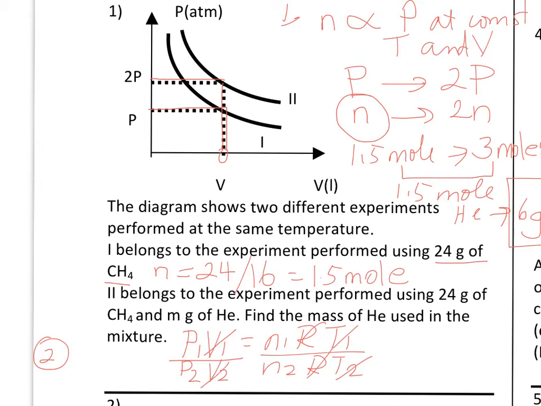So this is a direct relation between P1, P2, N1, and N2. If you put the numbers into the equation, you will find that the number of moles of helium added again will come out to be 1.5. Let's do it quickly. P over 2P should give us 1.5 over N2, which is 3 moles at the end of the experiment, so 1.5 mole has been added.